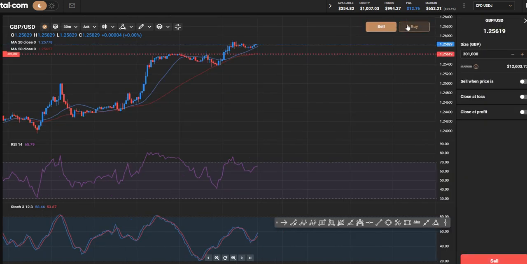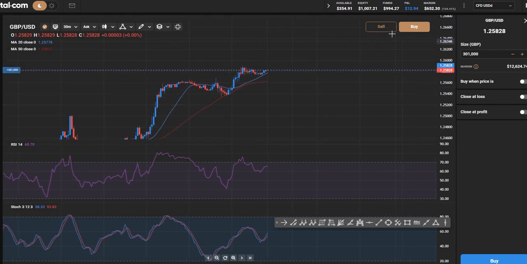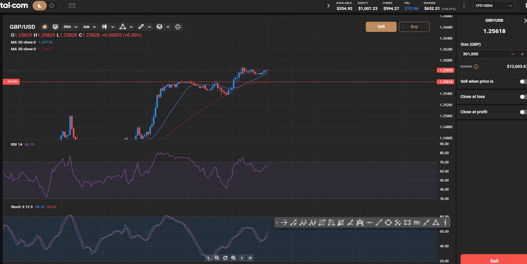If you're trading this, you're already in the negative. Look at that, because of the price. Normally when you buy, if you're buying here, then when you sell you have to pay the difference in the spread.